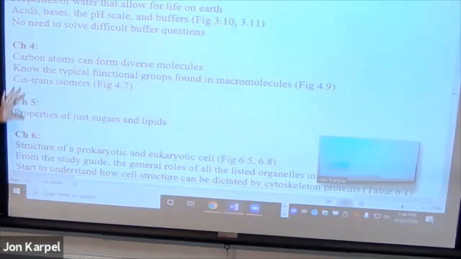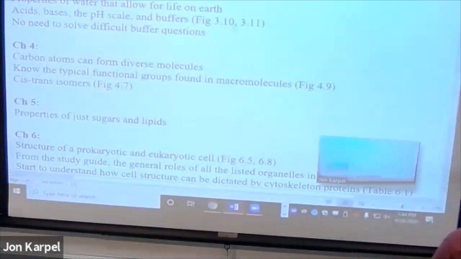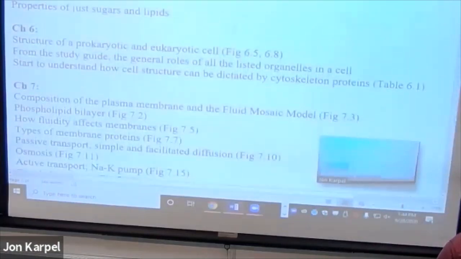Okay, anything else? Chapter 4, chapter 5? Got time, so we're doing good. Chapter 6 was a lot of memorization. Can you compare and contrast prokaryotic and eukaryotic? Compare and contrast animal cell and plant cell. Those Venn diagrams.